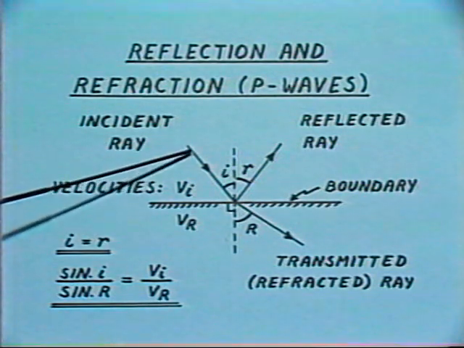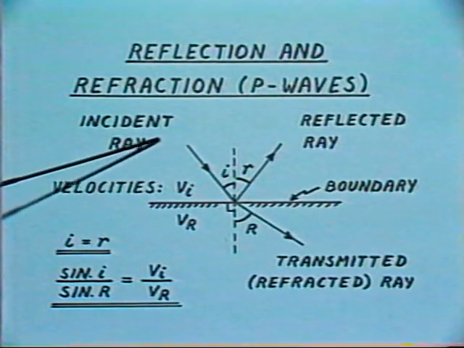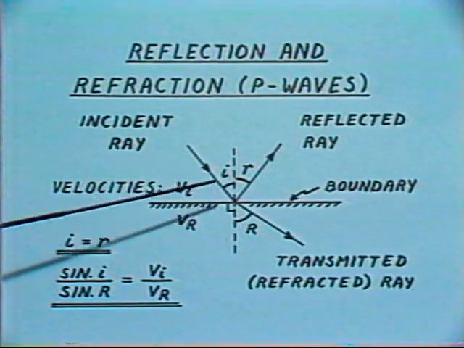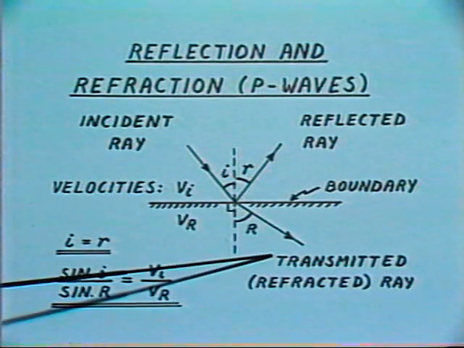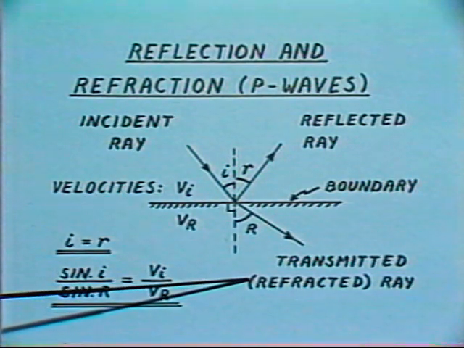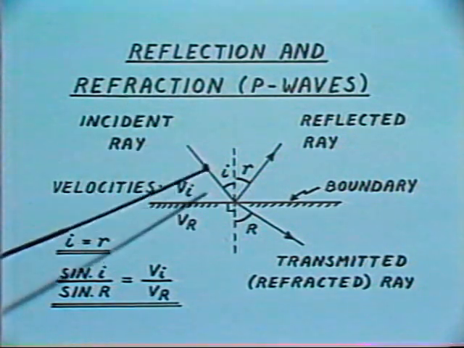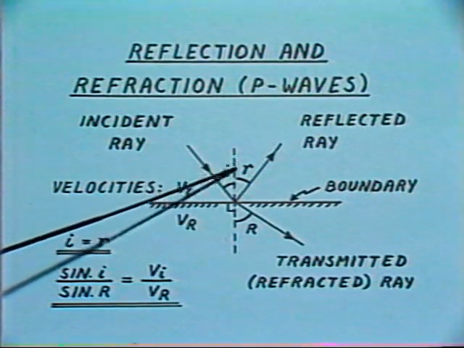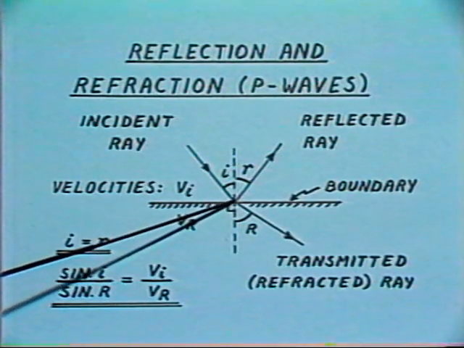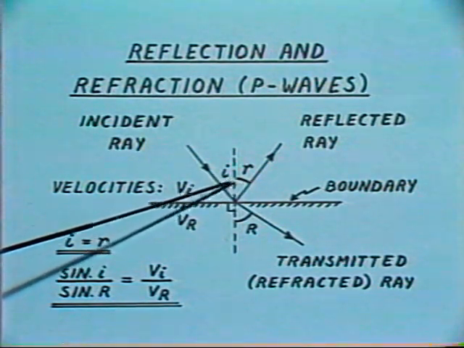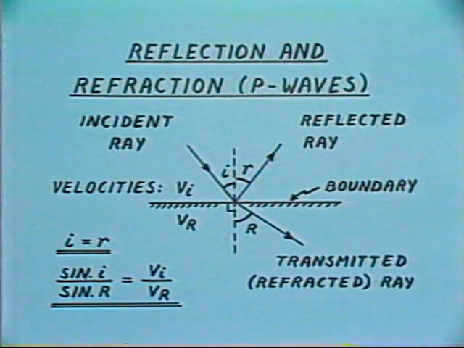Now, the ray of energy arriving at the interface is usually called the incident ray, and the reflected one is simply called the reflected ray. The one which travels through is called the transmitted, or sometimes the refracted ray. Now, if we draw a line perpendicular to the interface at the point where the ray strikes it, and look at the angles between that line and the different rays, we can draw up some rules for the reflection of this ray of energy.